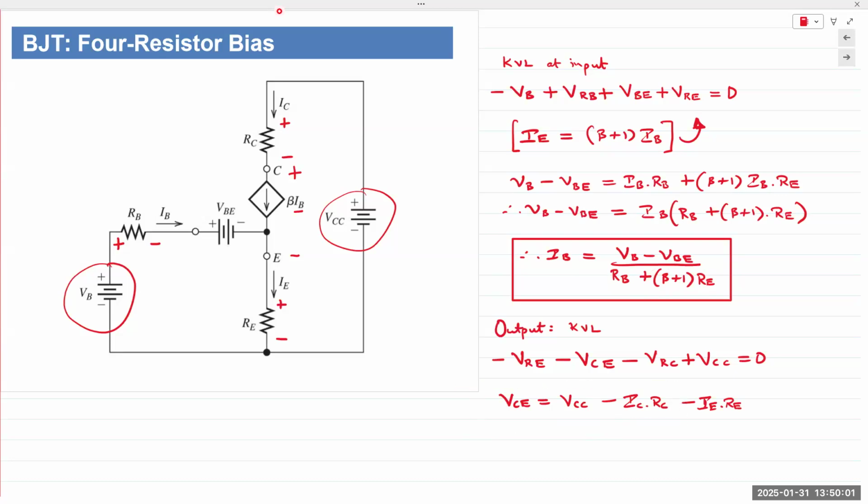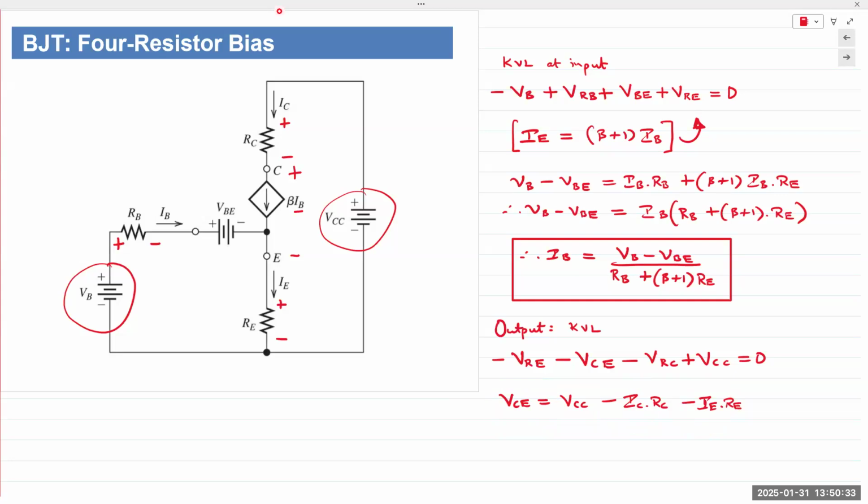VCE is equal to VCC minus ICRC, and then an additional voltage drop for the emitter resistor, RE. So if we had an example, we'd bias the circuit. We would calculate IB from RB and VB values, and then we can calculate the output voltage. We can plug in IC and IE once we know what our input voltage is.